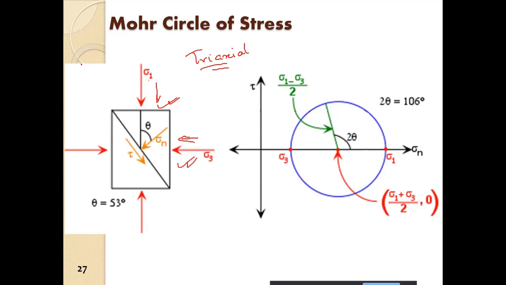Sigma 1, remember, is always sigma d plus sigma 3. Sigma d is applied through the proving ring, through the ram, and sigma 3 is the cell pressure which is applied all around, as we have discussed.